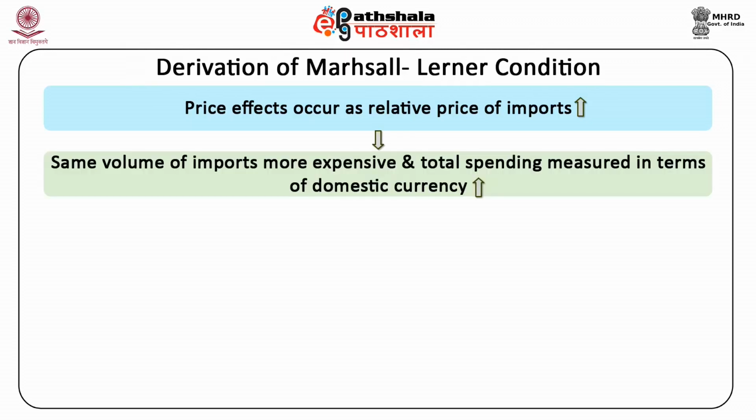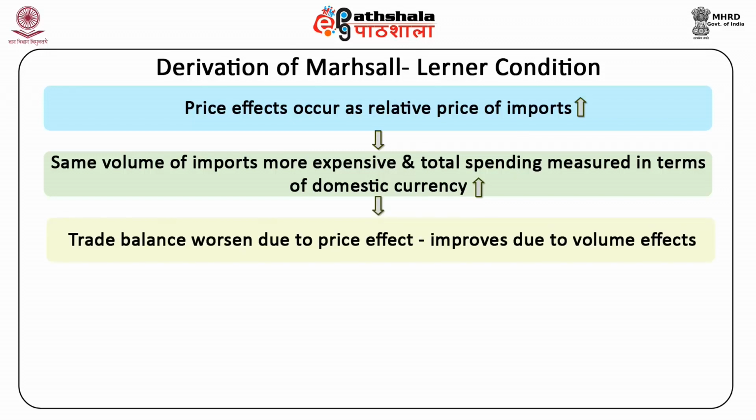The same volume of imports is now more expensive, and the total spending measured in terms of the domestic currency increases. Thus, we observe that the trade balance worsens due to the price effect, but it improves due to the volume effect.